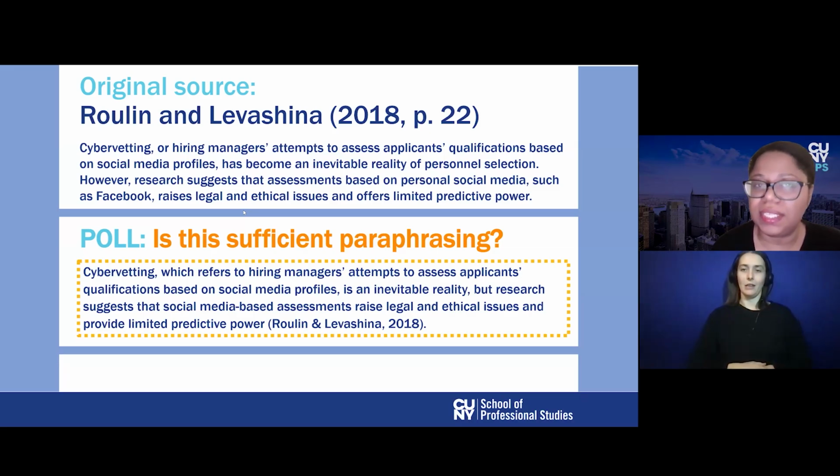Then in parentheses, it has the names of the authors, a comma, and the year, close parentheses, and a period. So pretend that this is another student's writing. Do you think that this was sufficiently paraphrased? So in other words, do you think that this other student properly rewrote the original passage in their own words?